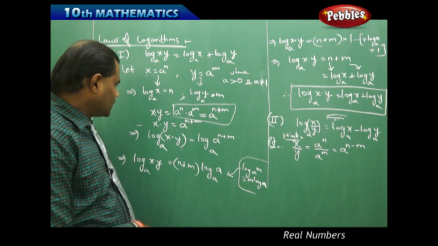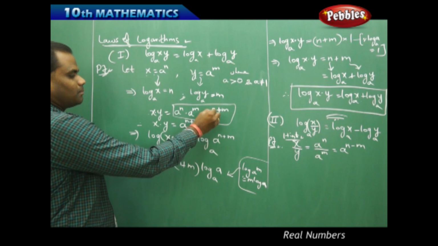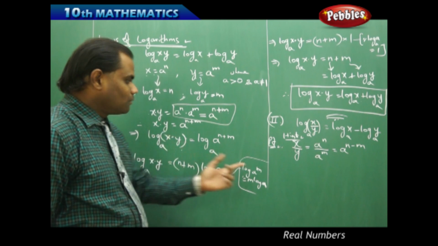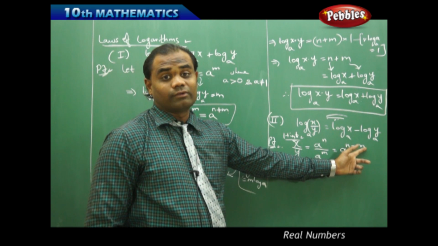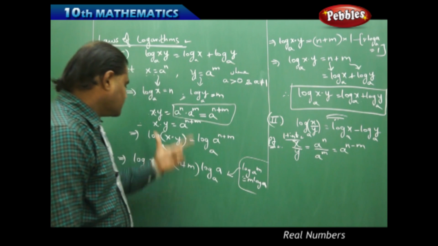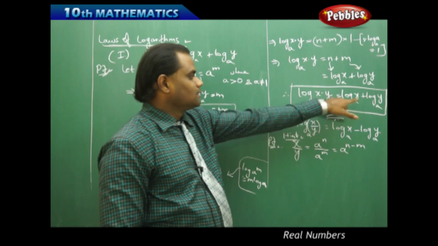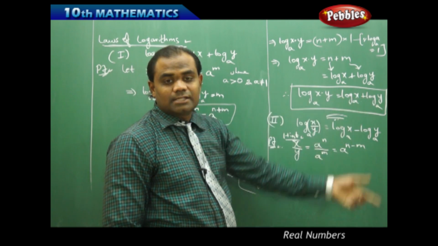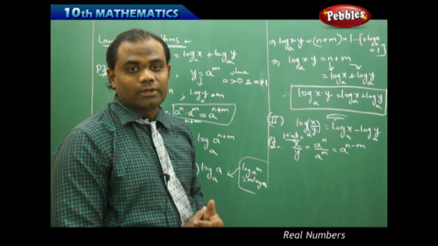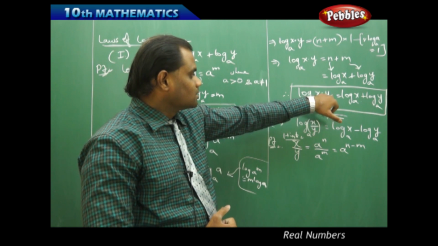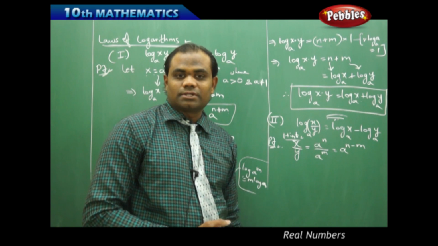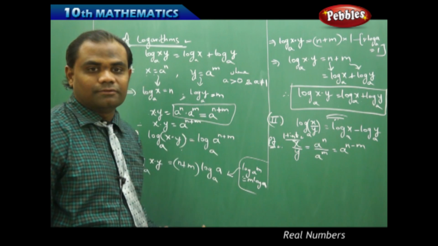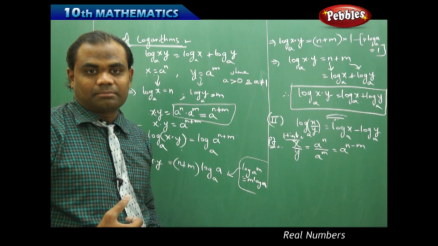Wherever I had x into y, I got a power n plus m, but wherever I want x by y, I get a power n minus m, the next law of index, and through this I get a minus everywhere. The only difference is that there I considered the multiplication, but here I'll consider the division, and the rest of the proof follows with division at every step.